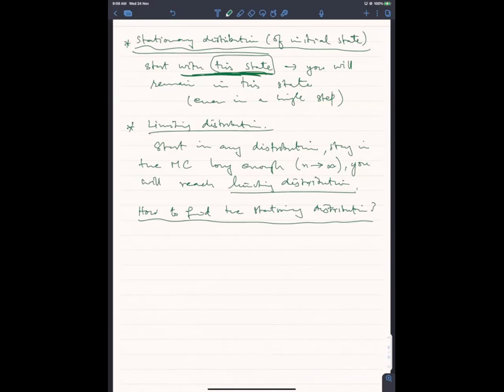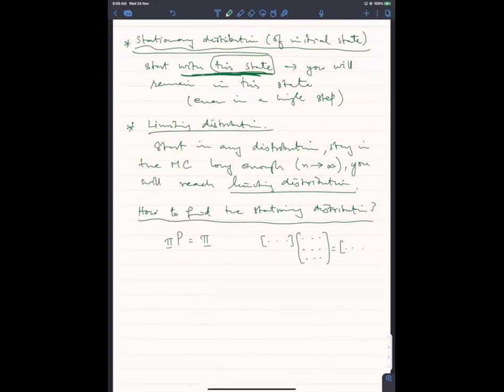Well, in order to find the stationary distribution, I need pi times p is equal to pi. Okay, this is a vector and p is a matrix. So pi is like this. Here you have the elements of the vector, and then you end up getting this.